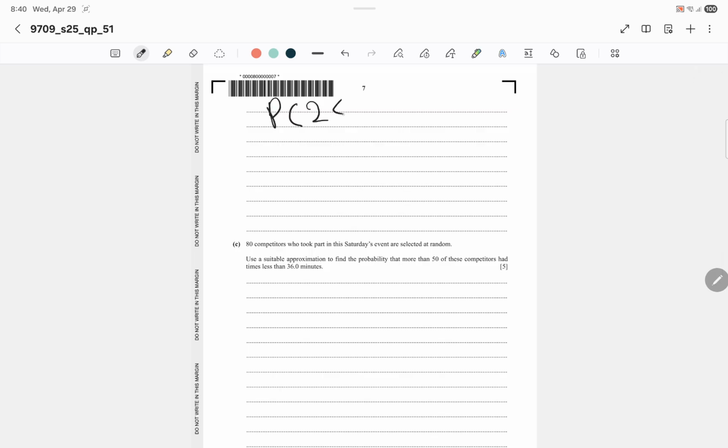Probability that X is greater than or equal to 2 and less than 8.